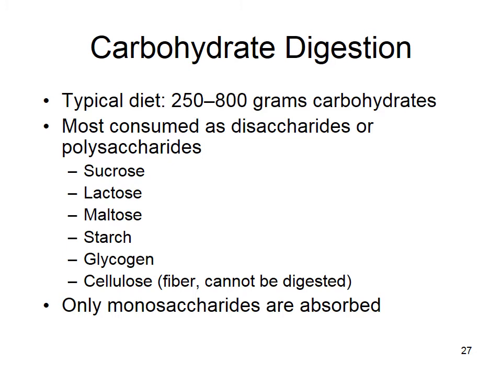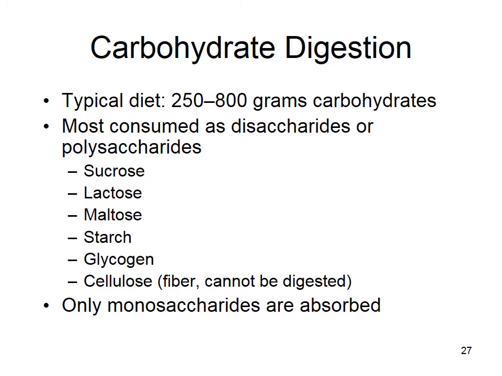Most is consumed as disaccharides or polysaccharides. The major disaccharides in our diet are sucrose, that's table sugar, that white granulated sugar you can buy in 5-pound bags. Lactose is milk sugar.